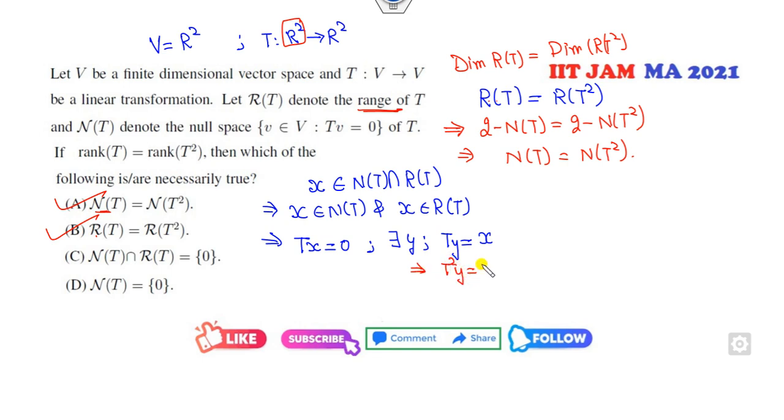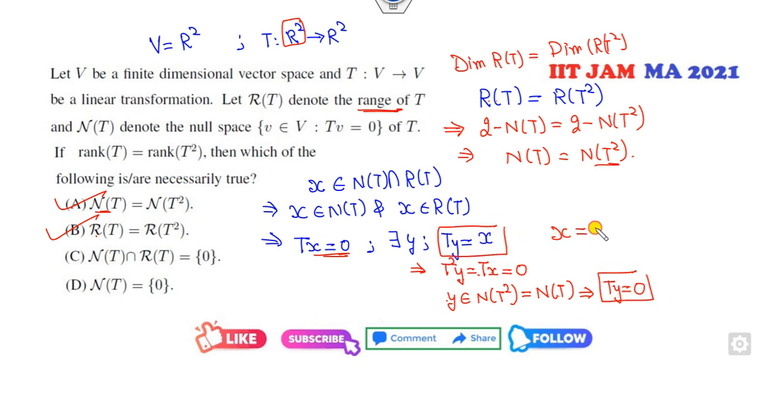So it's T square Y is TX. T square Y will be TX, which is 0. It means Y belongs to the null space of T square, and null space of this is N of T. So if Y belongs to this, it means T of Y will be 0. What is the T of Y? T of Y means X is 0. So if X is 0, it means this option is my correct option.